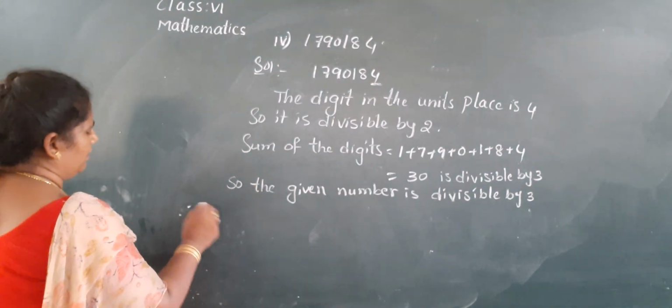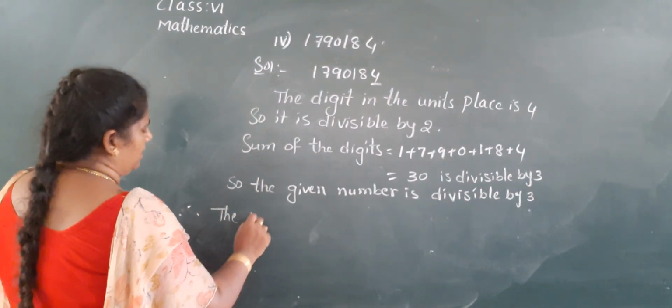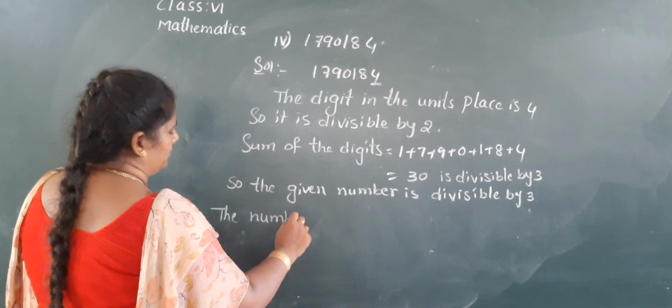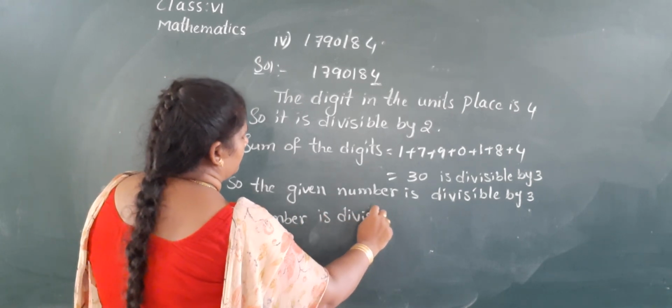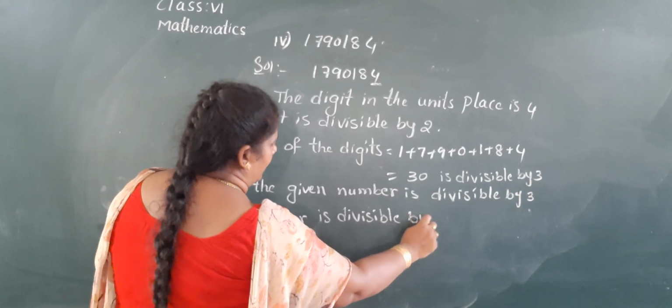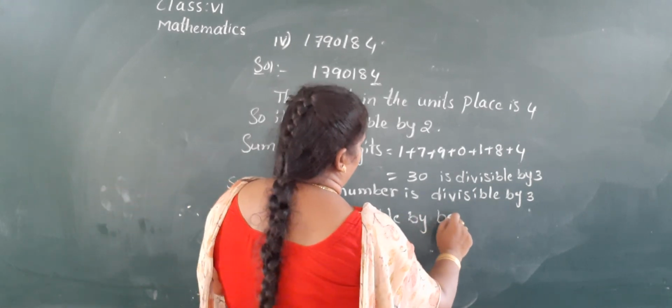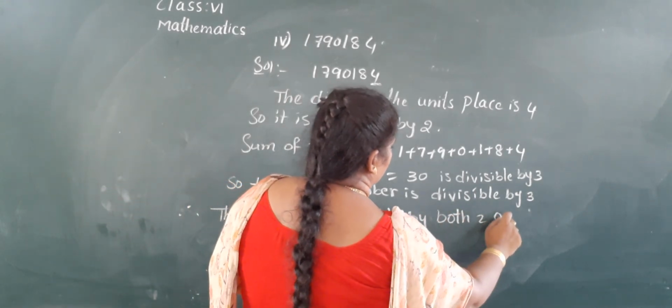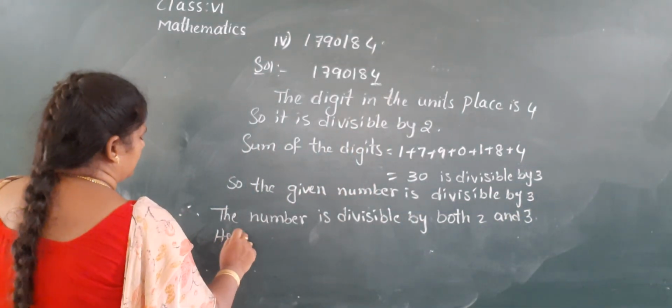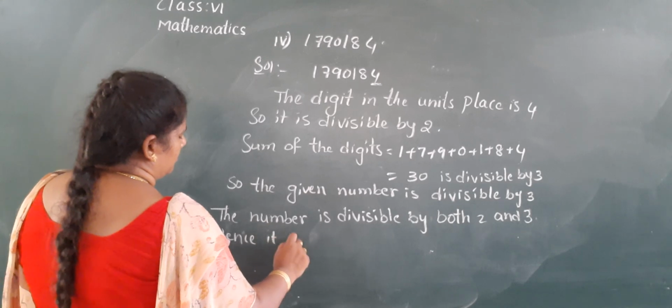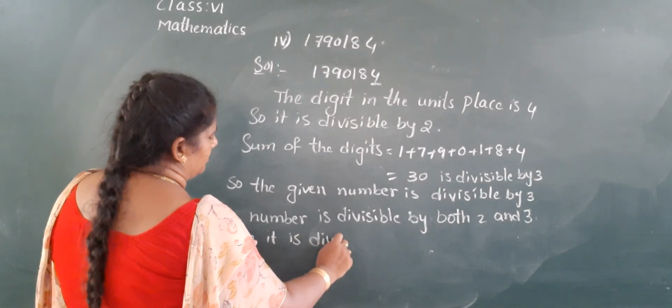Okay. Therefore, the number is divisible by both 2 and 3. Hence it is divisible by 6.